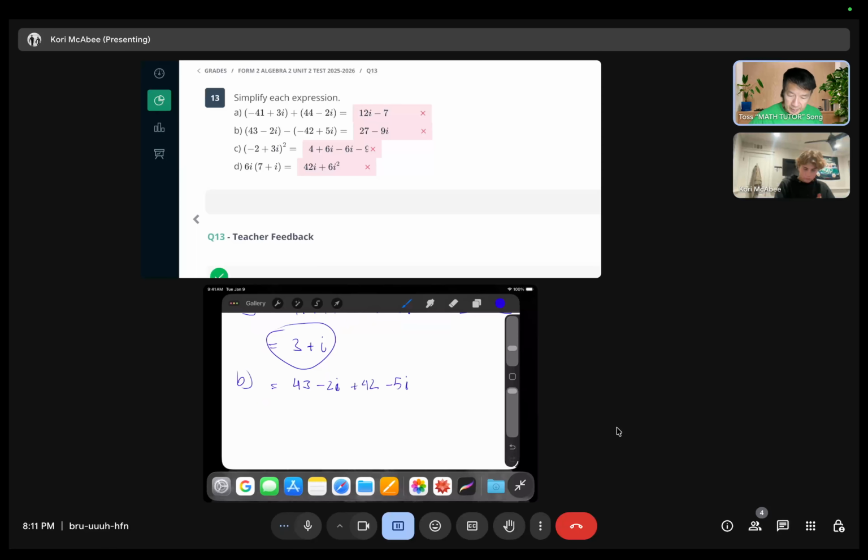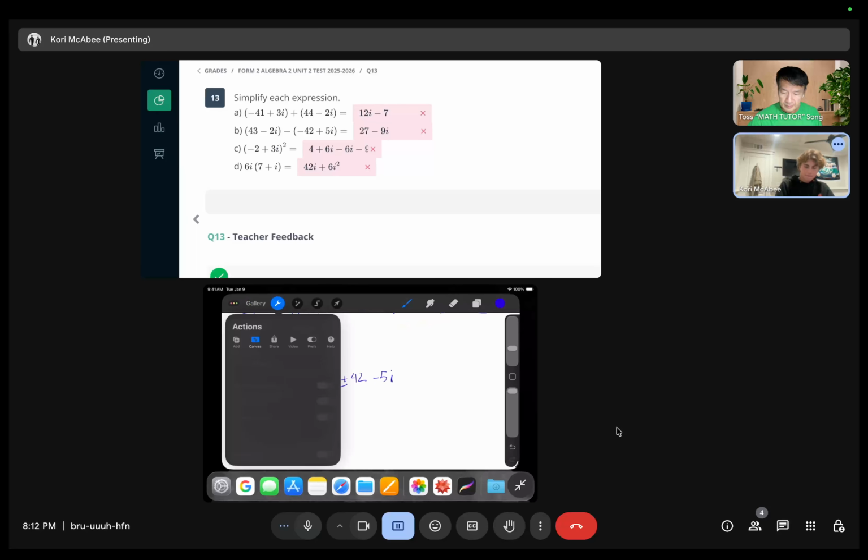And then combine these two here. You don't have to write them side by side. Just go ahead and arrow it, or you don't have to arrow it at all. Just write the final answer. So that will be 85, and then the negative 2i plus negative 5i, that's negative 7i. Final answer.